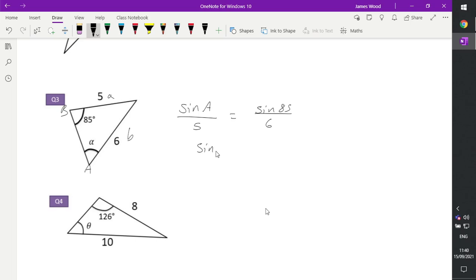So that means that sine A, or alpha as they've labelled it, would be sine 85 over 6 times 5. So let's work that out. Sine 85 divided by 6 times 5. So it gives me about 0.83. Now to find A, I need to do inverse sine. So A is inverse sine of 0.83.